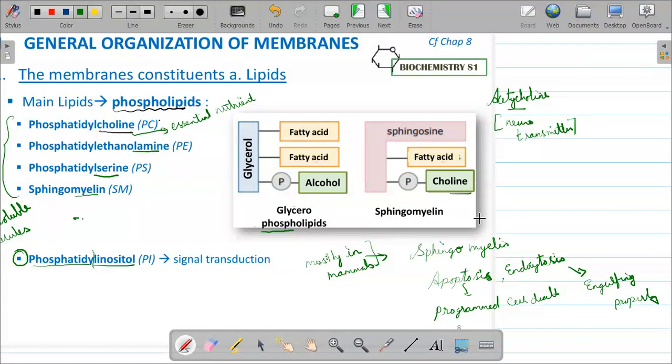Mostly if you look at the chemical components of them, the chemical component is actually myelin. In myelin, one sphingo chemical is added.